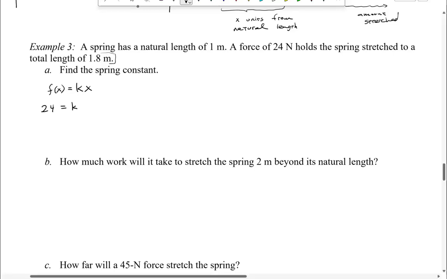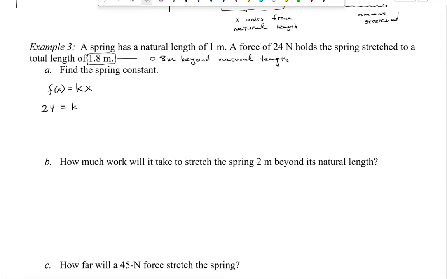This 1.8 here is 0.8 meters beyond natural length. So that's our x. We're going to put that right here, 0.8.